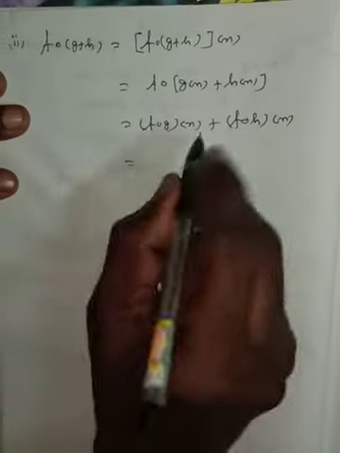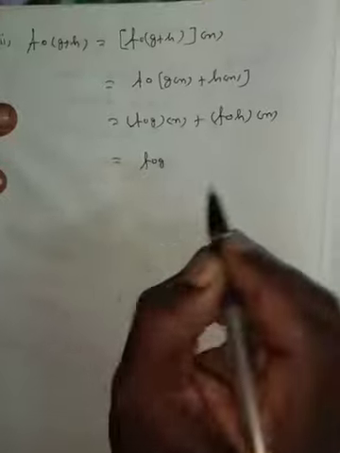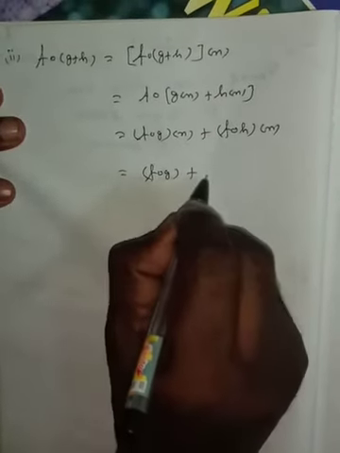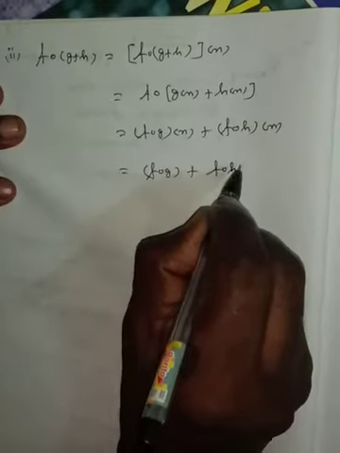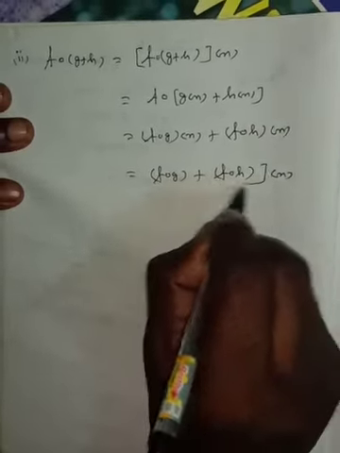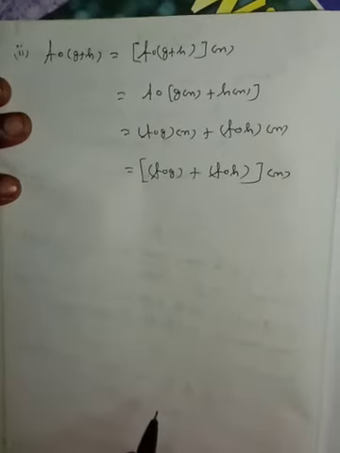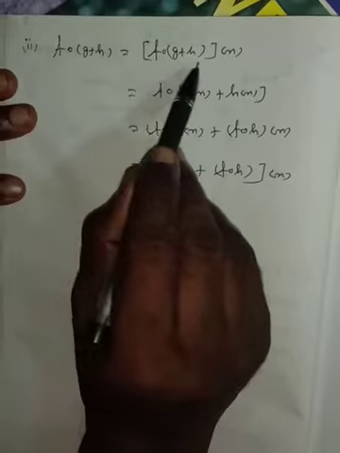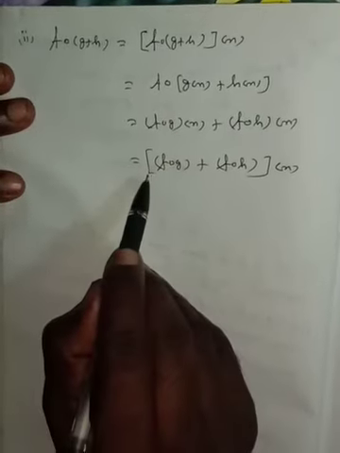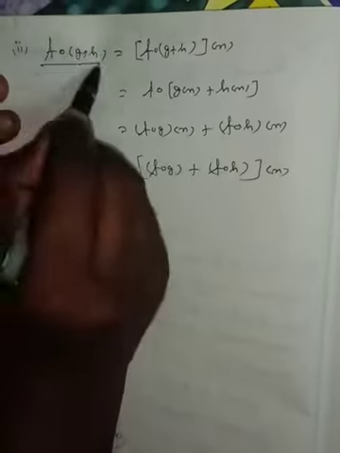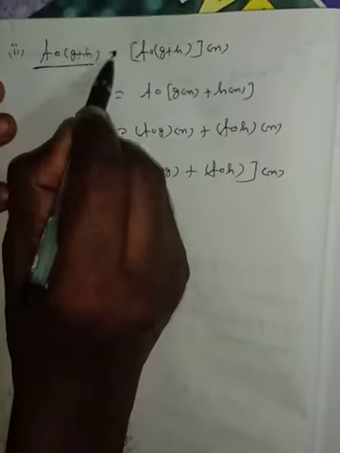Now (f of g plus f of h) operating on x, whole bracket. Starting from f of (g plus h) of x, in this case it is f of g plus f of h of x. So this is LHS.